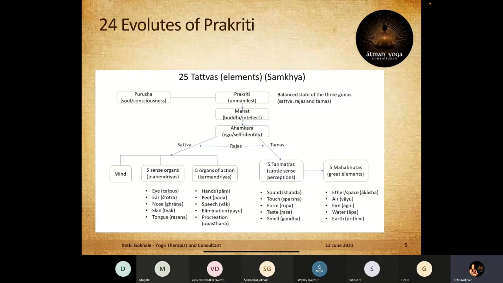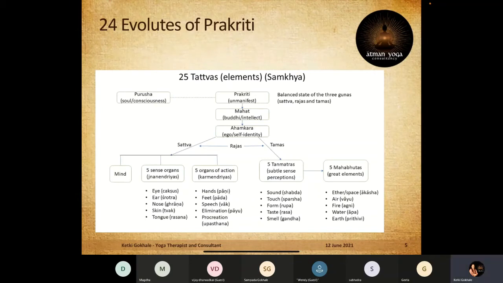That is, I am a doctor, or I am rich, I am poor, I am healthy, I am fit, I am thin, I am fat, whatever it is, those countless identities we take because of that capacity of ego.